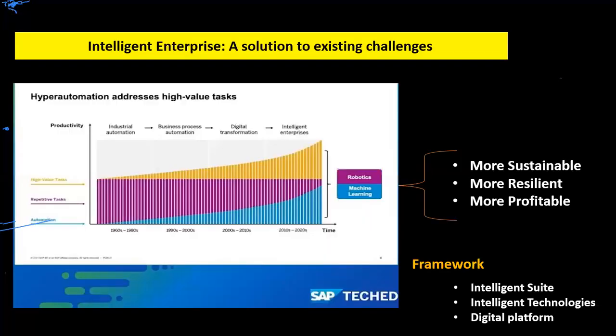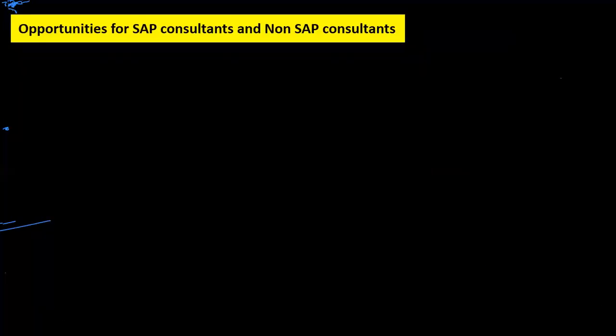Okay, so when we talk about the challenge, which was the scarcity of resources, now who will handle all these challenges, or all these problems? Since there is a problem in the market that you don't get the right resources, or I should say skilled resources.